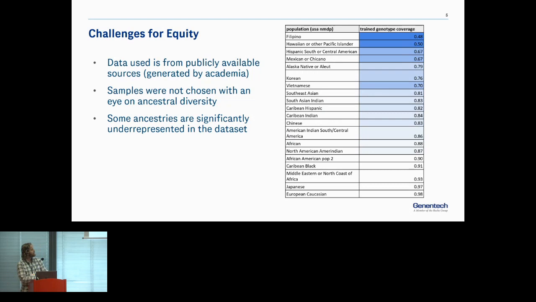If you look, people of European descent are super well covered by this data set. People of South and Central American descent are not so well covered. So it's a problem of, can we improve coverage to these underrepresented ancestries? That's what I'll be talking about today.